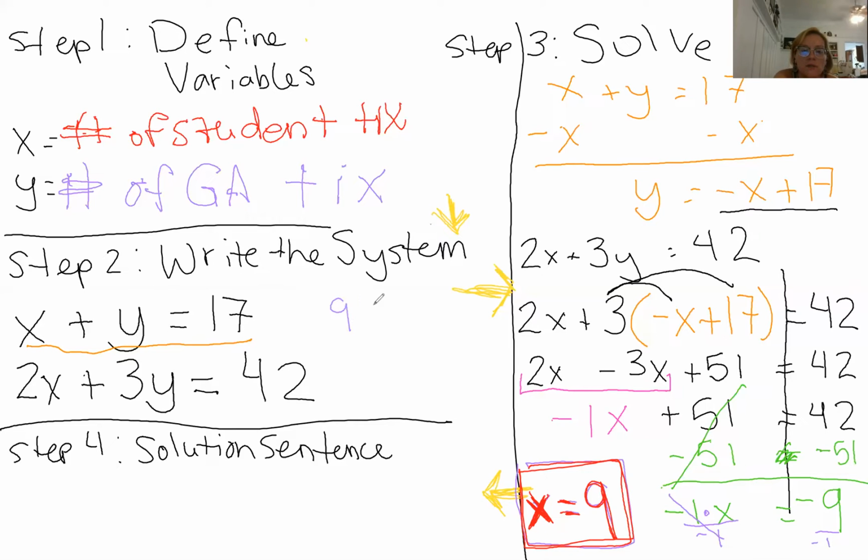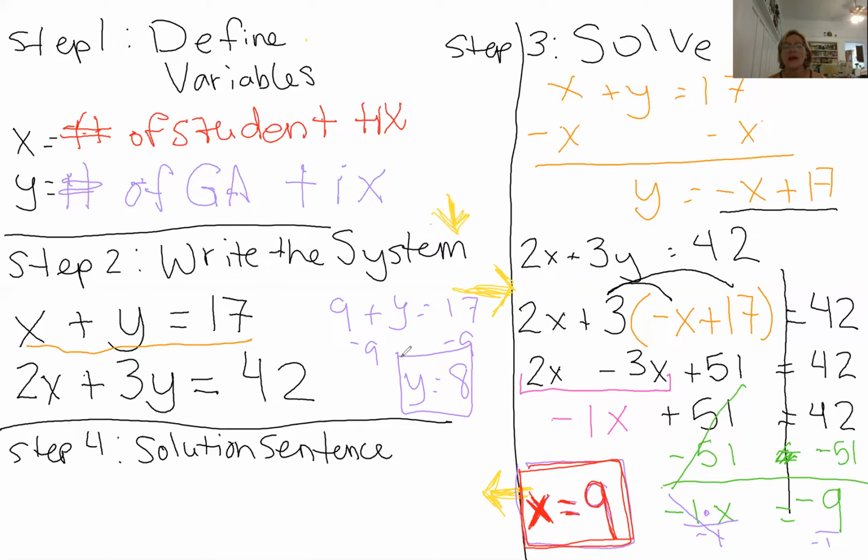So 9 plus y equals 17. -9, -9. Y equals 8. Okay? Once you've figured out one variable, you go back and plug it in to solve for another variable.